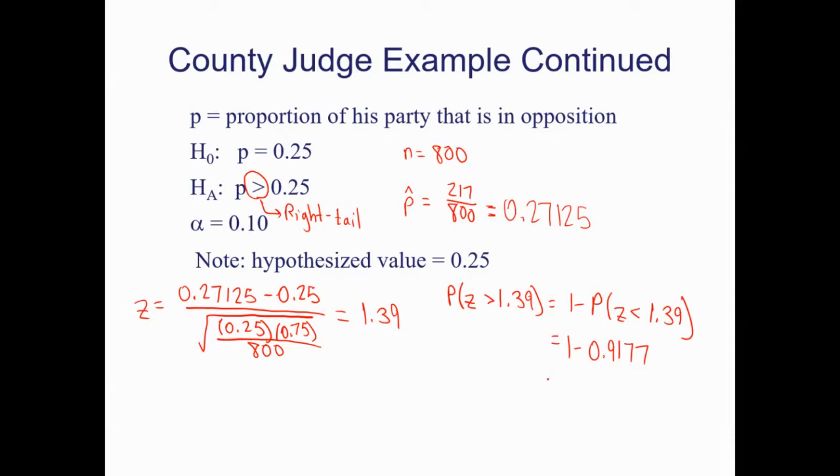So 1 minus that gives us 0.0823. This is called our p-value.